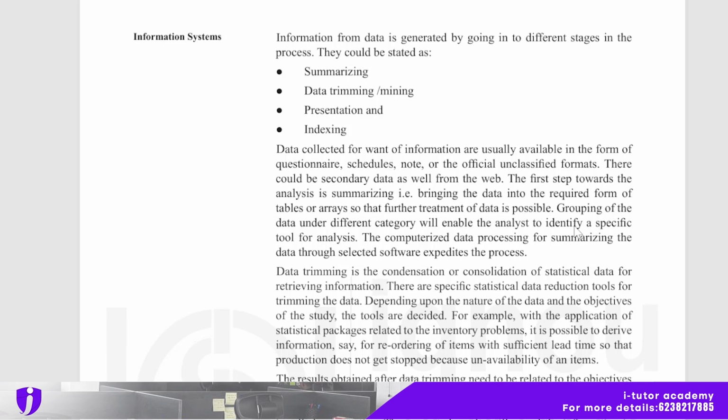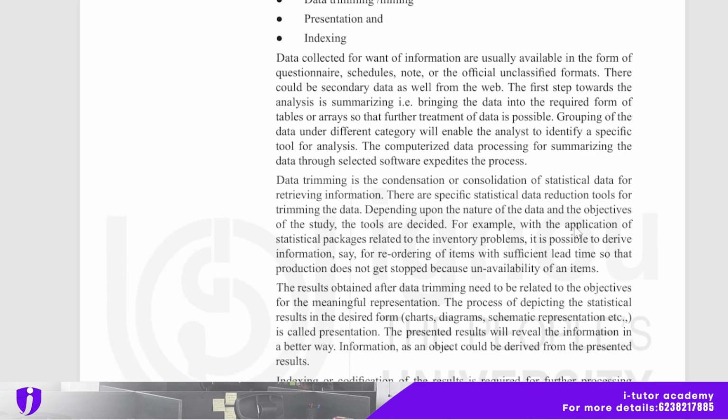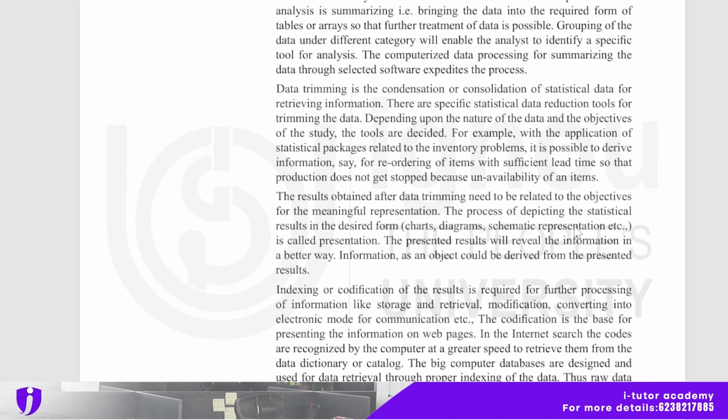The first step towards analysis is summarizing: bringing the data into the required form of tables or arrays so that further treatment of data is possible. Grouping of the data under different categories will enable the analyst to identify a specific tool for analysis. Computerized data processing through selected software expedites the summarizing process.